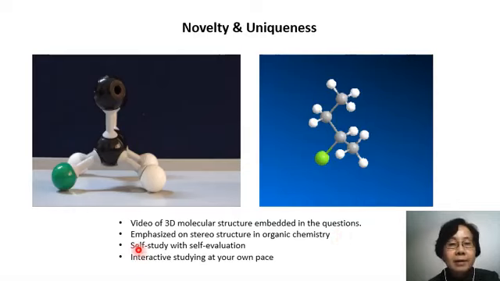They can do self-studying with self-evaluation. Every part of our lesson starts with an introduction to certain terminologies, and after that they can test their comprehension and see how it is being applied onto the molecule itself. And since it's an interactive way of studying, you can study at your own pace.